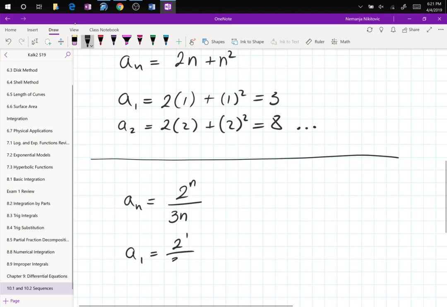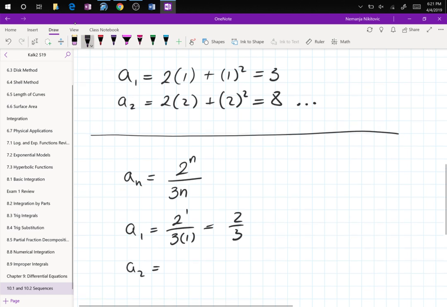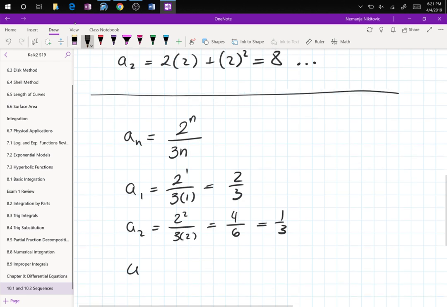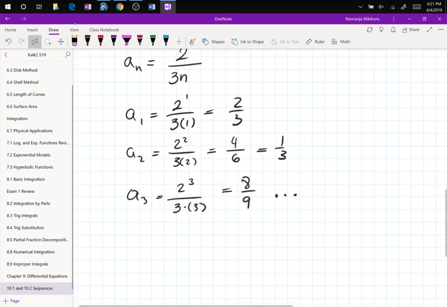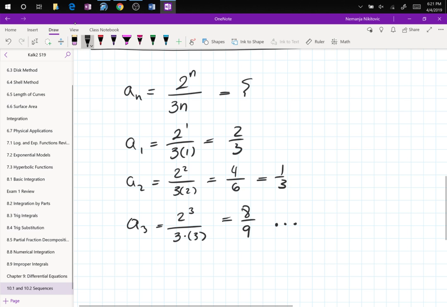It's going to be 2 to the 1 over 3 times 1, which is 2/3. a2 is going to be 2 squared over 3 times 2, which is 4/6, which is 2/3... er, 1/3. a3 is 2 cubed divided by 3 times 3, which is 8/9, and so on. You can generate this sequence all the way. So what do you get? In roster form, this sequence is 2/3, 1/3, 8/9, going on to infinity.